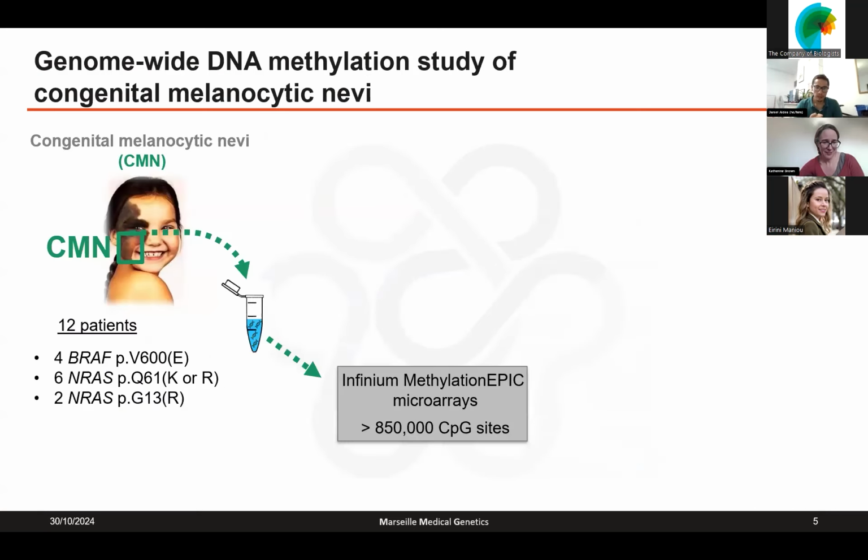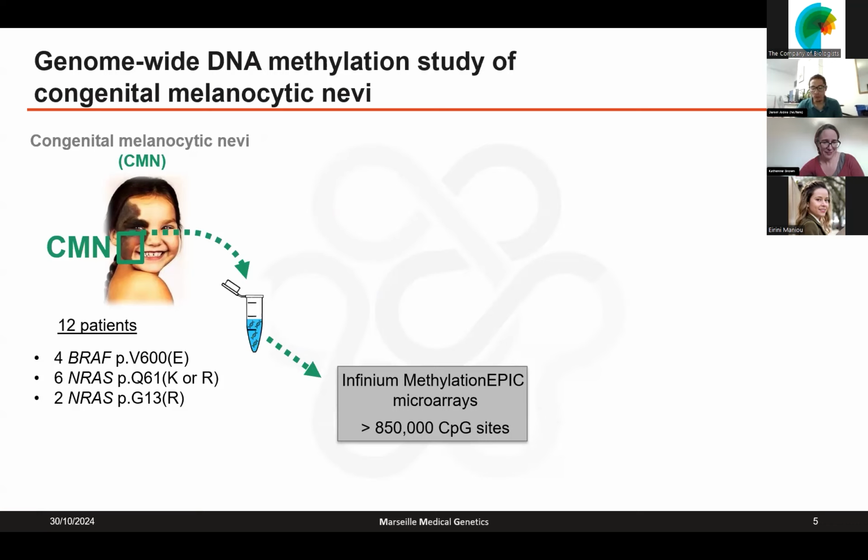So that's why in our laboratory, we decided to investigate the DNA methylation status of CMN samples at a genome-wide scale. What we did was collect skin samples from these patients, who harbor BRAF or NRAS mutations.